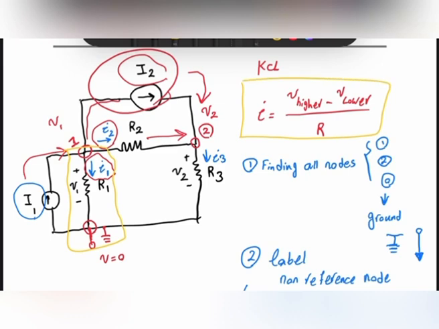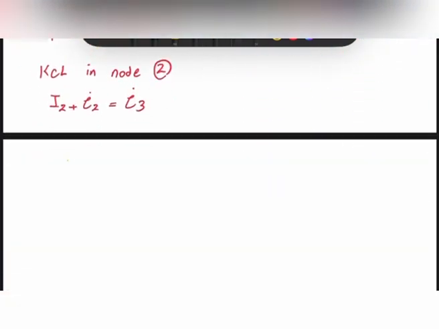The voltage at the reference is 0, and the voltage that I have at label 1, we call V1. Therefore, I have V1 minus V0 over the resistor value, which is R1 here. Therefore, my I1 is V1 minus 0 over R1. So I1 is giving me V1 over R1.